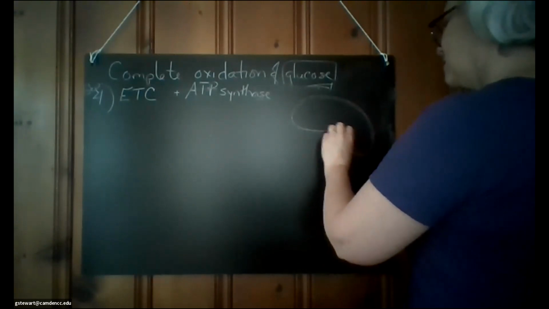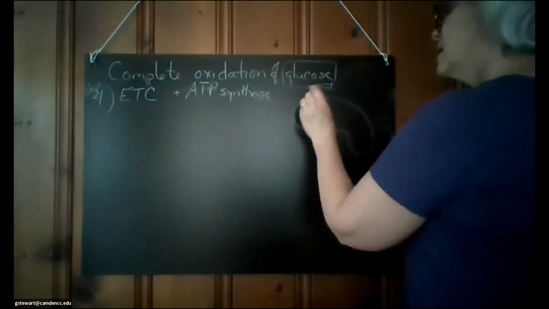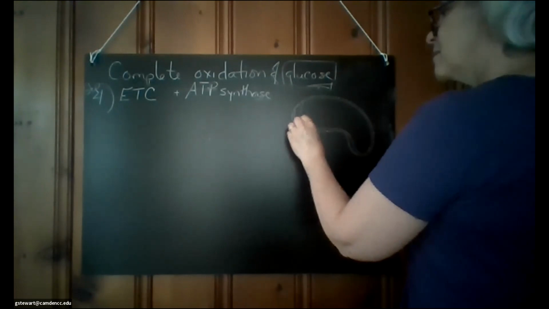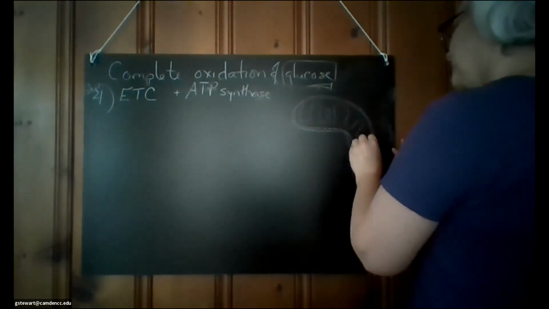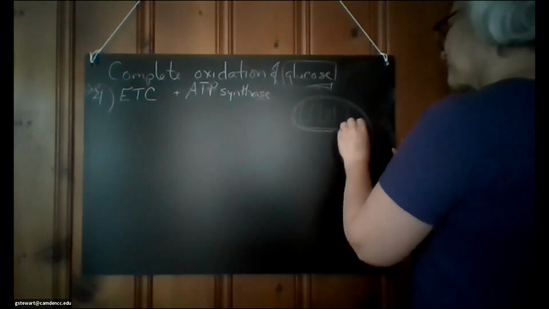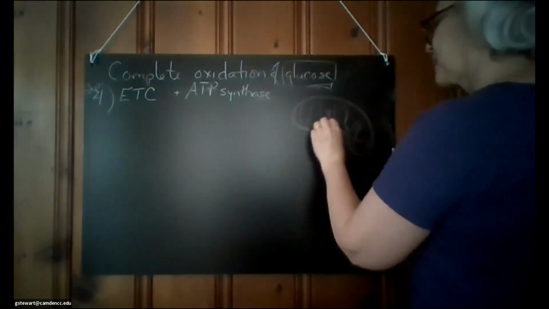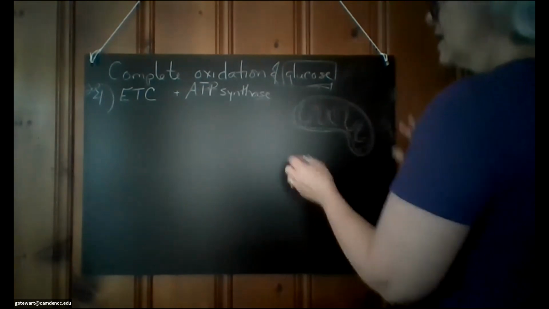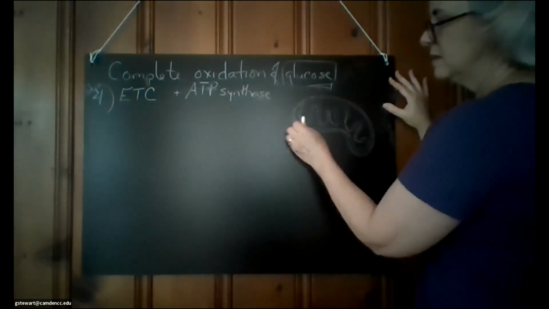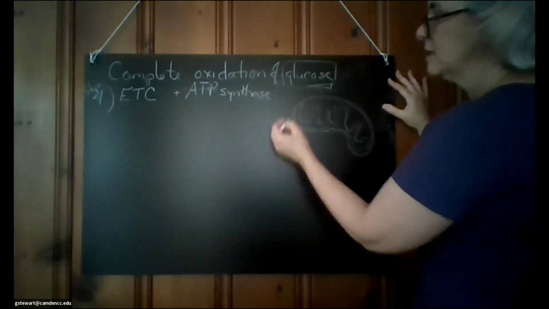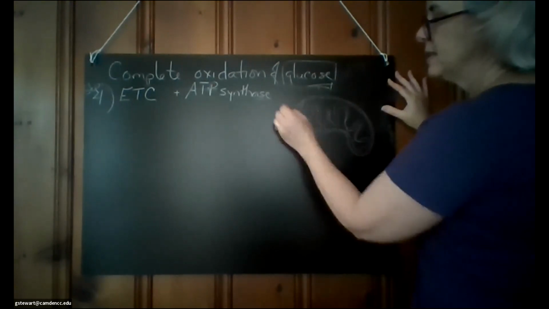And this is the outer membrane. And this is the inner membrane folded up. I would remind you that this is the matrix then, in between the spaces here, the part that I'm kind of shading in, right? So this is the outer membrane, this is the inner membrane.